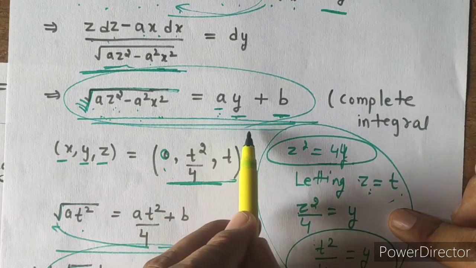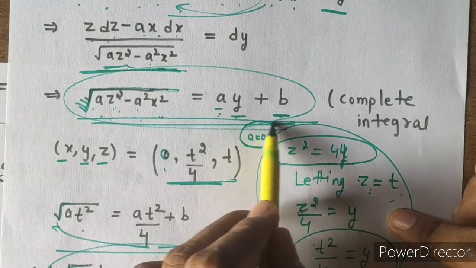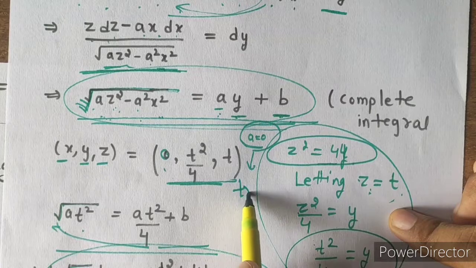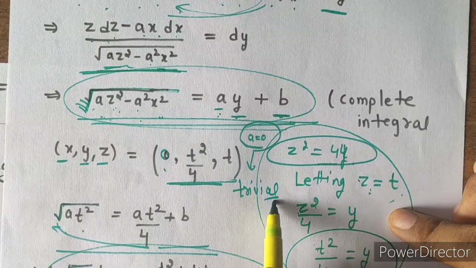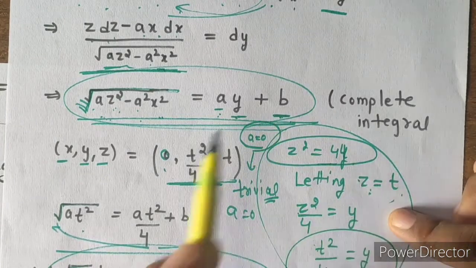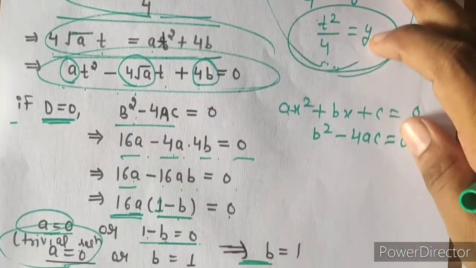The value of A is 0, but if A equal to 0, then the solution is trivial. So we reject A equal to 0, and the value of B is equal to 1.